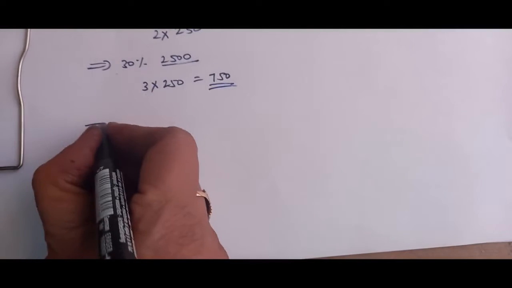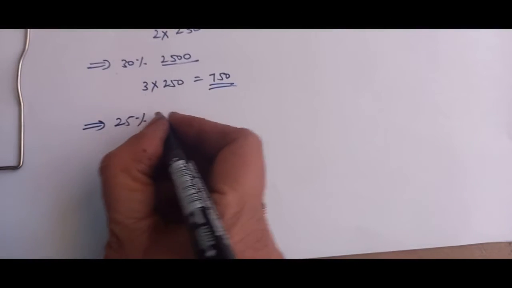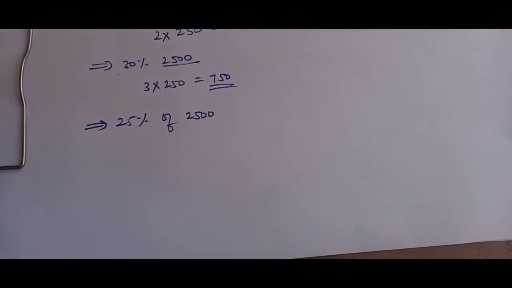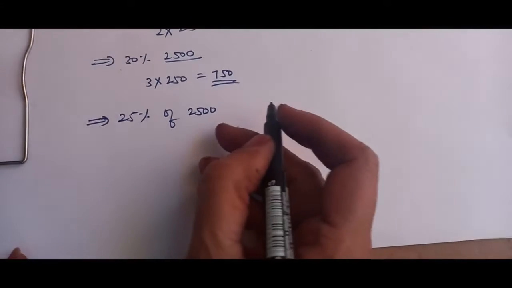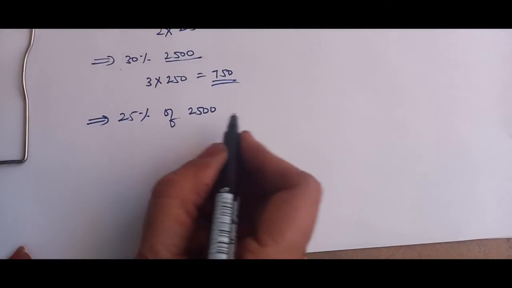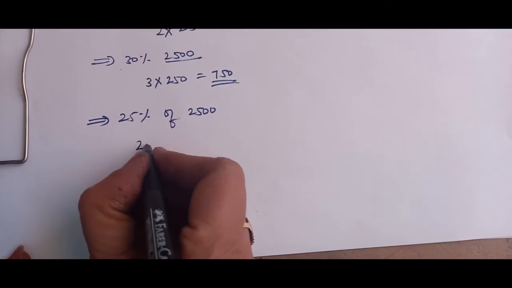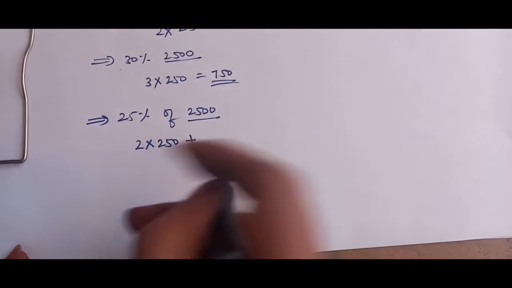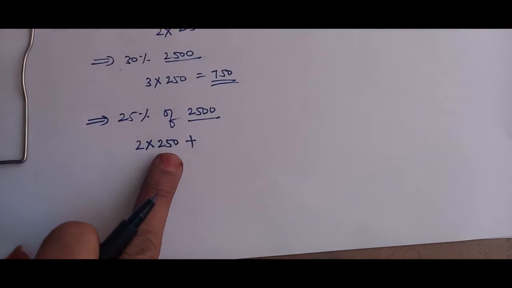Then what about 25% of 2500? I'm taking the same example so that you can understand very well. Later I will tell you with different examples. 25% of 2500. So 2 into 10% of this amount, 250, plus 5% of this number.